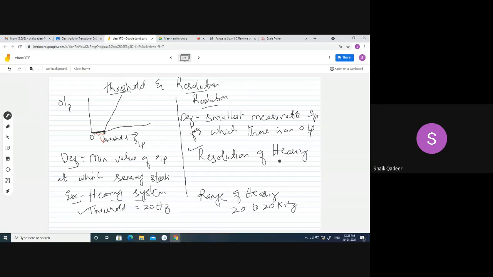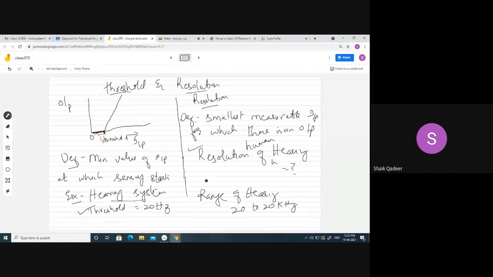It's very difficult to answer, right? Resolution of human hearing. One may determine a difference in sound in the range of 1 hertz.